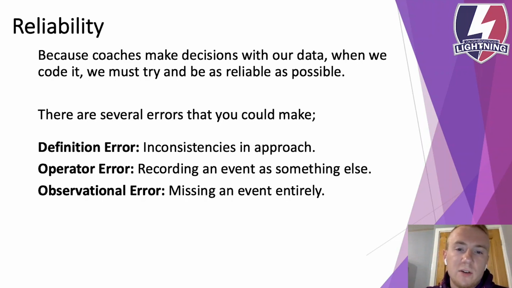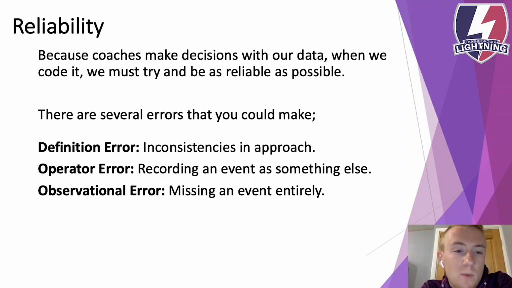So one such error that you might make would be a definition error. Now, this is something that's really, really common, and I talked about earlier in regards to how you would class a successful centre pass, for example. What one person thinks is successful might be unsuccessful to someone else, i.e. that idea of to shot or to goal. It just fluctuates between coach to coach, player to player.